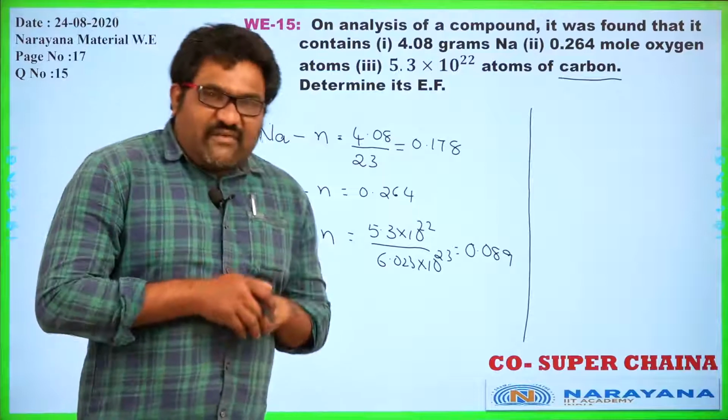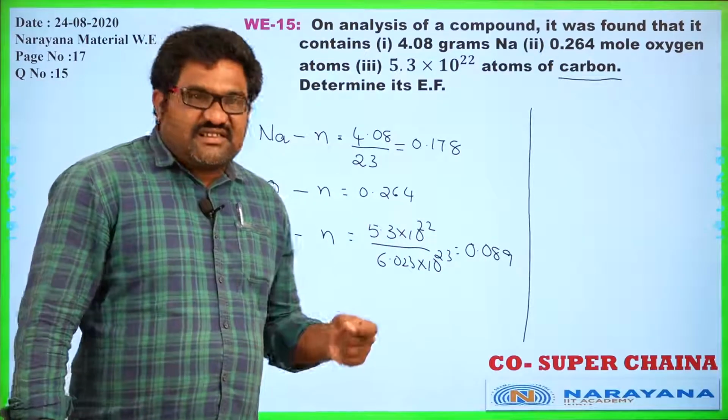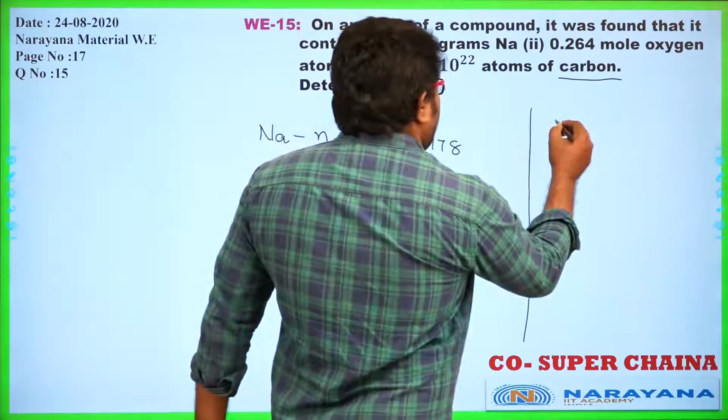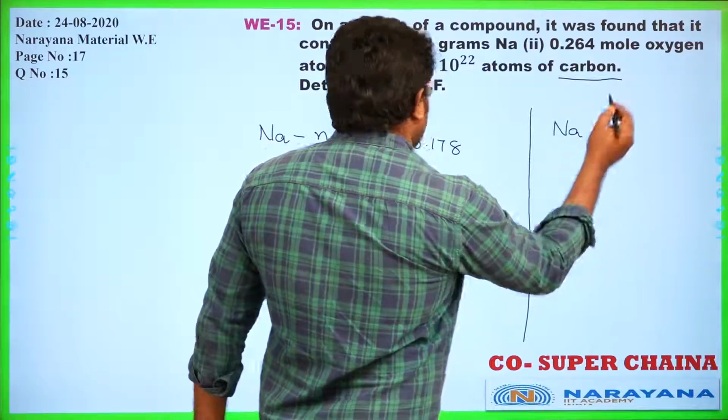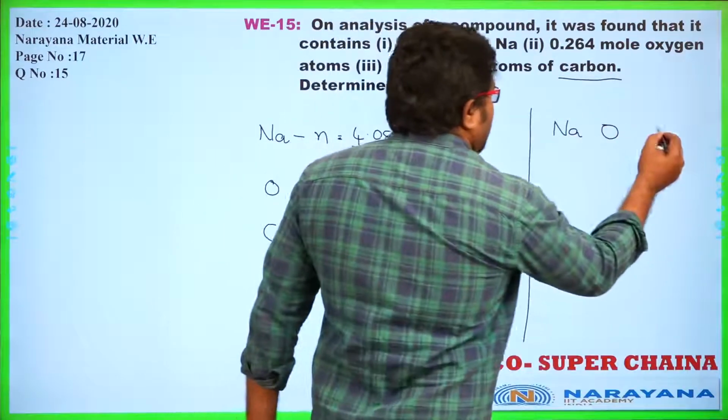Now, for the empirical formula, we can take the simplest ratio of all the atoms present in the molecule. Here I am taking the simplest mole ratio of sodium, oxygen and carbon.